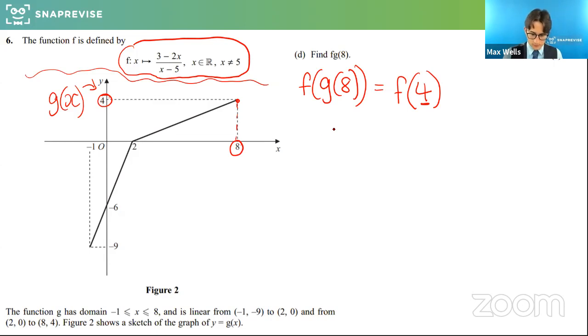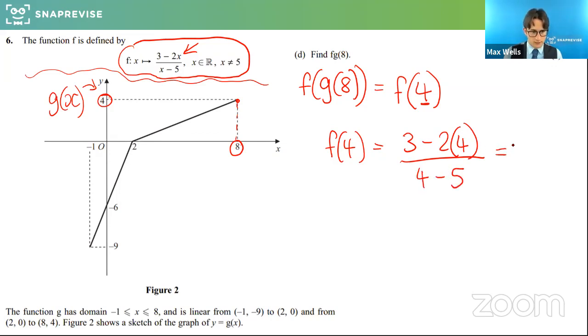So f of 4 is equal to (3 minus 2 times 4) over (4 minus 5), which is equal to 3 minus 8, so what's that? -5 over -1. Thanks for that comment. I was just worried that I was going to make a really basic arithmetic mistake there. So good. I think we're good. I think that comes out as 5.